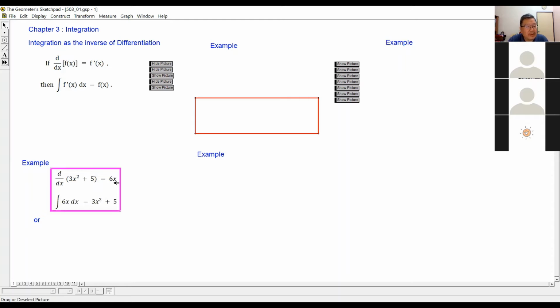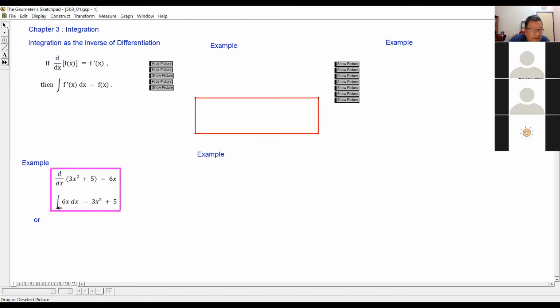So we have 6x. When you differentiate the 5, you get 0. So the answer is, differentiate this function, you get 6x here. Now the reverse process is when you integrate this 6x with respect to x, you will get back this one, the 3x squared plus 5.